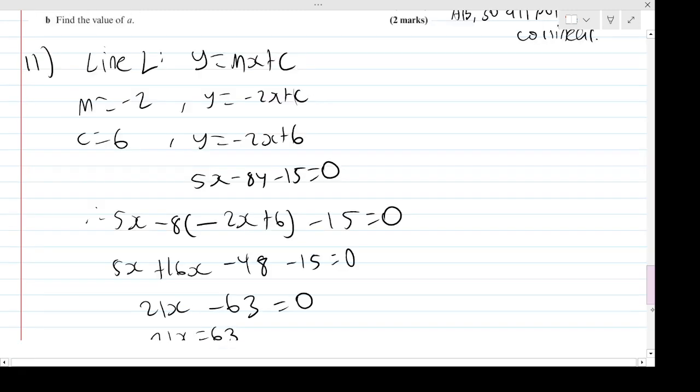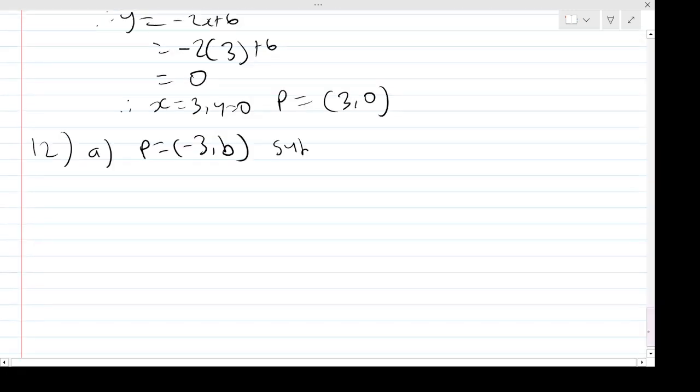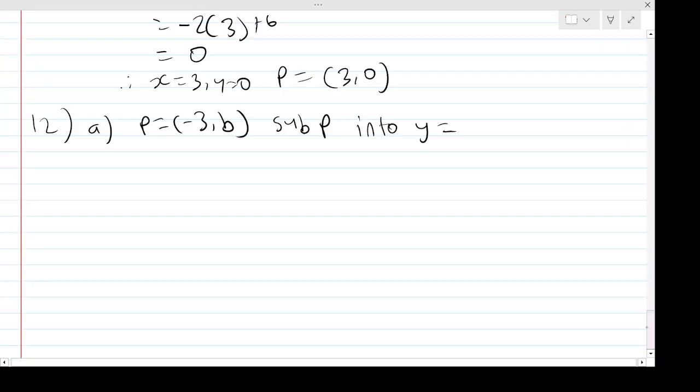Because then, I'm going to sub P, the point, into y, the straight line. Y is 3x minus 7. So the first line that's given to me.